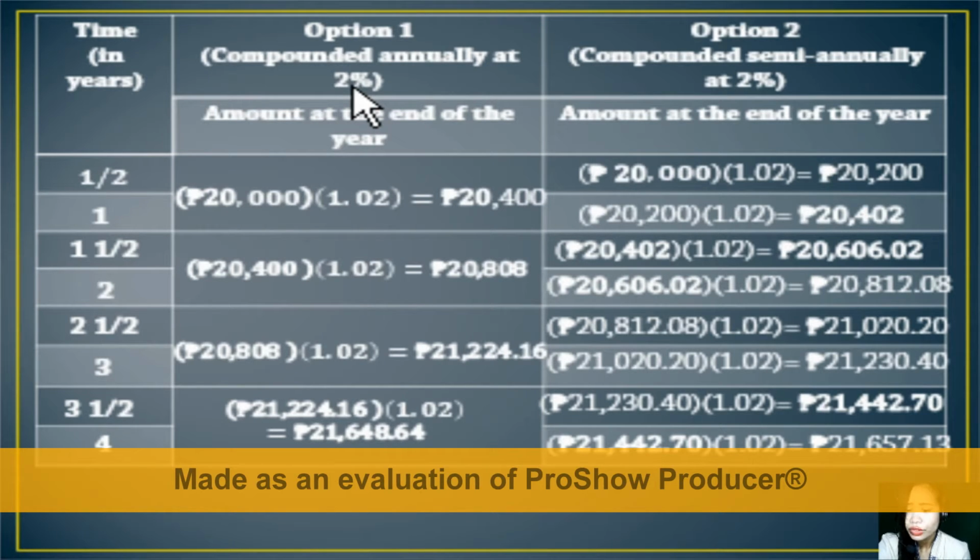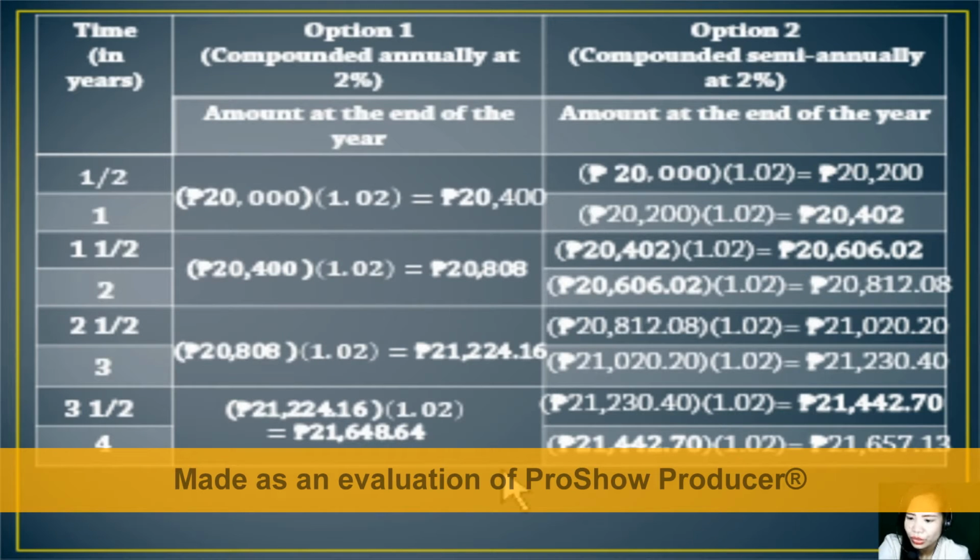If you convert that to decimal form, you divide it by 100. So 2 divided by 100 is 0.02, and add it to 1, so that is 1.02. You multiply it to the principal, you get 20,400 pesos.